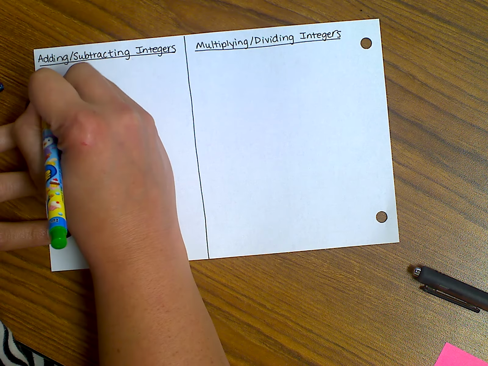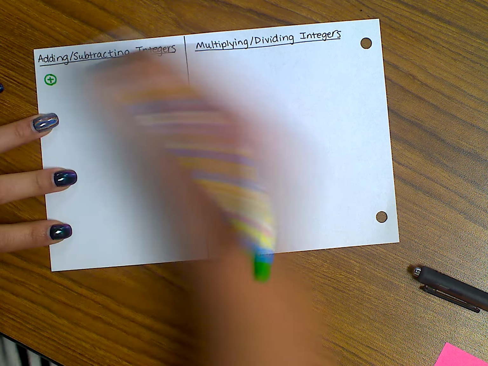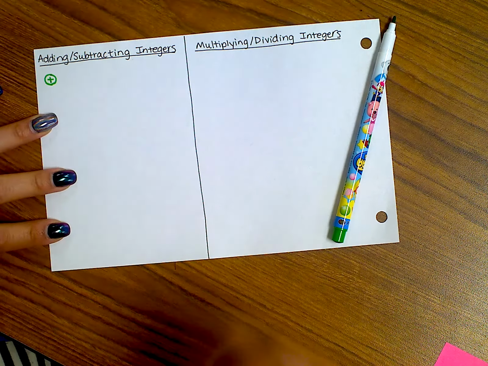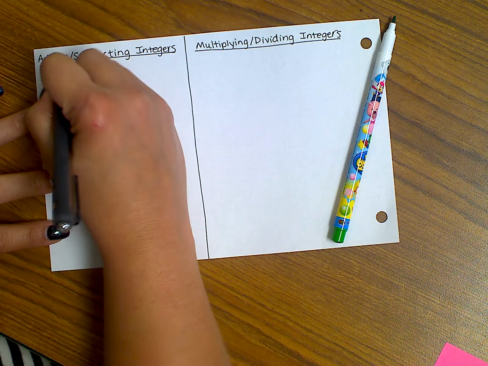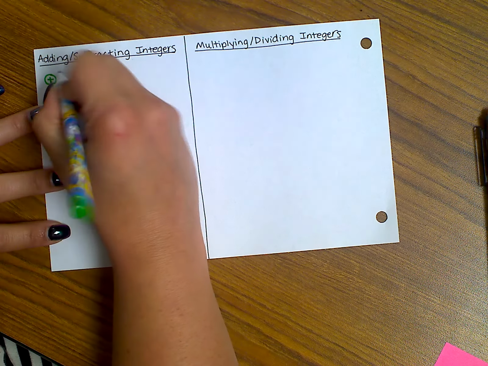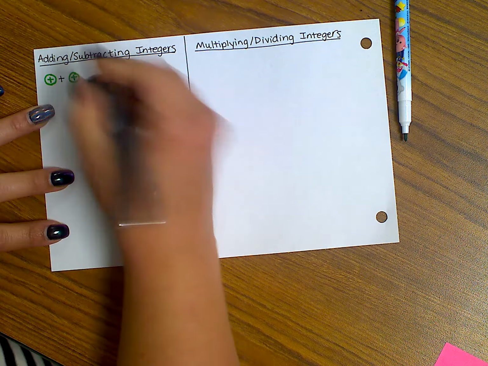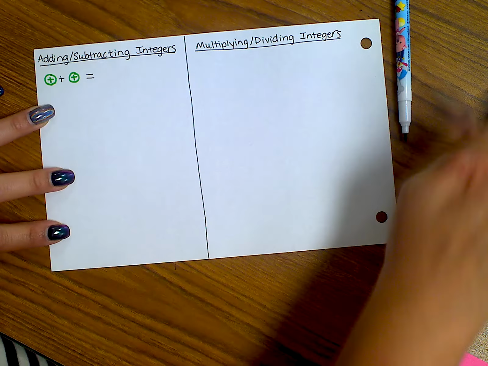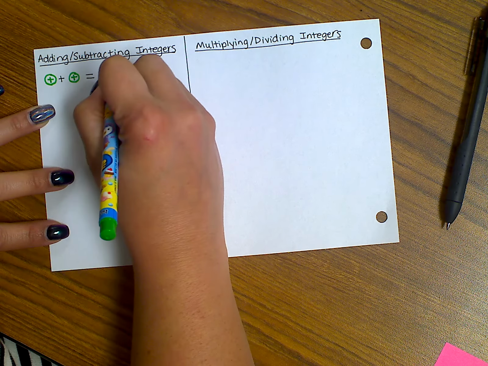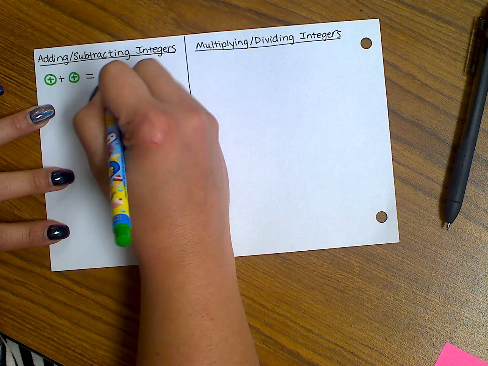So if I take a positive number and I combine it with another positive number, obviously I would get a positive number out, but it would be bigger.